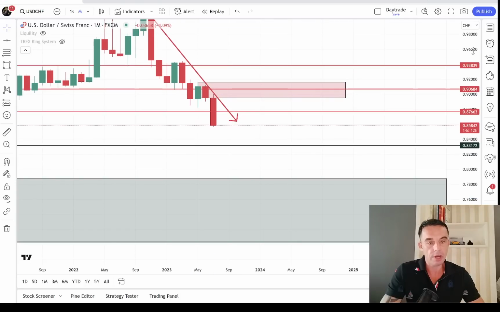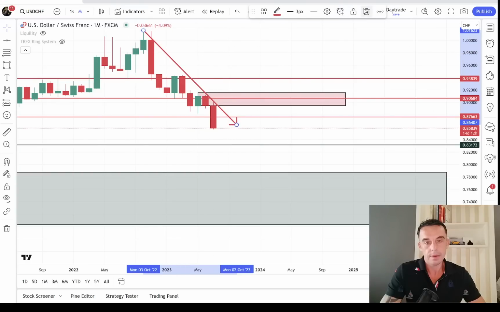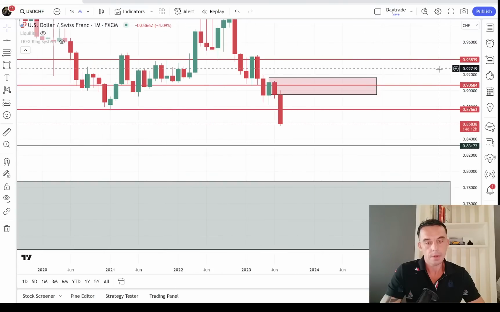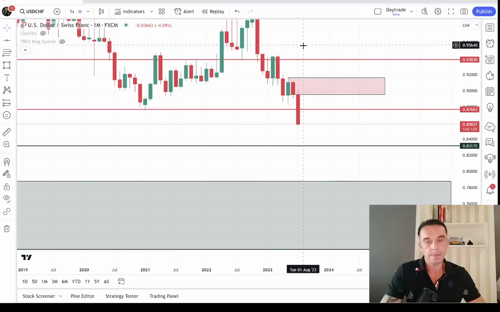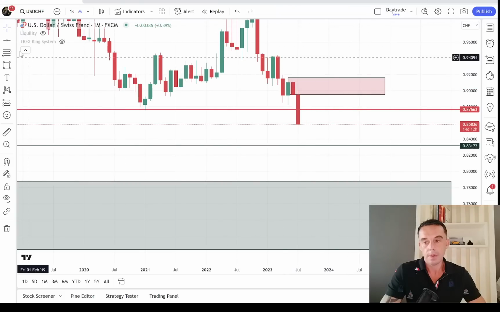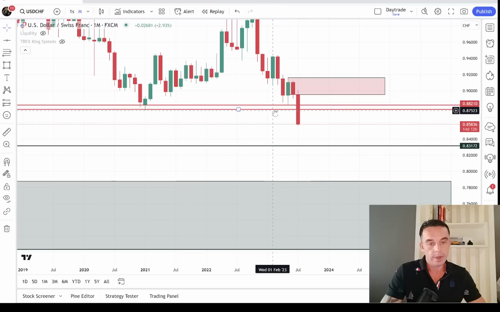So this is why, if this is a strong trend, we're likely to get a retracement back up to, instead of this supply zone, either this area here, or this low here, which is around 88.